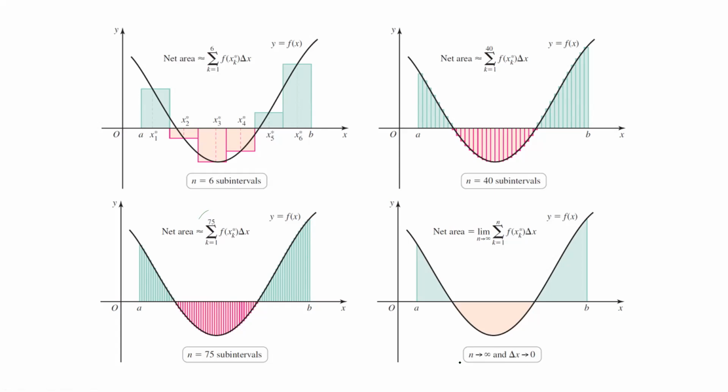As the number of rectangles approaches infinity, notice that delta x, the width of each rectangle, goes to 0. So it fills in the area perfectly with no gaps and no little pieces hanging over the edge. All the rectangles, as we take them to infinity, fill in the area under the curve perfectly.